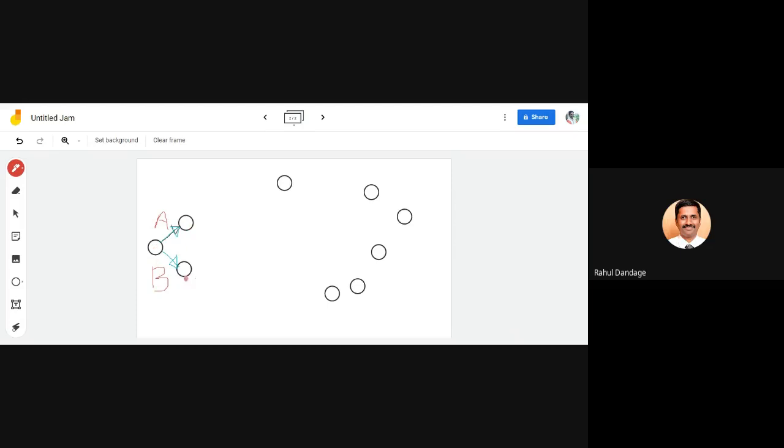Why are these activities shown like this? Because A and B are independent. They are not dependent on other activities. Then you can see, what is activity C? Is it dependent or independent? It is dependent. Dependent on whom?